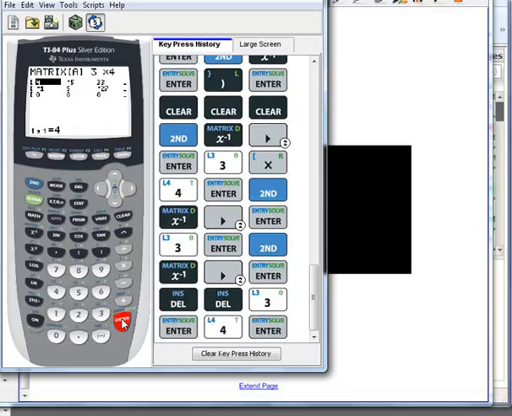Are you confused now, Josh? Are you still confused? Yes. Okay. Well, we're going through step by step. So I've started right from the beginning, so you should be following along. So what part are you confused about? The part where you type in the coordinates after you went to edit.